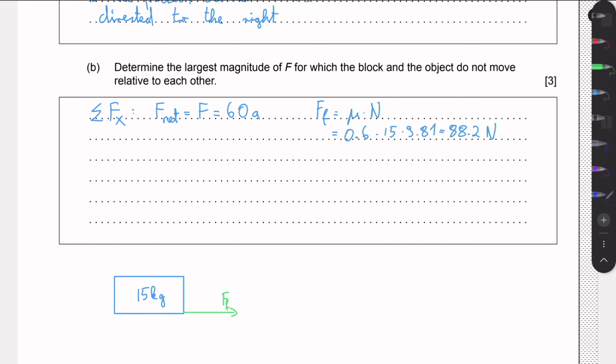We see that the only force acting in this horizontal direction is just the frictional force. So for the 15 kilogram object, the net force is going to be equal to the force of friction, that's the only force we have, but that's also equal to its mass times its acceleration, as Newton's second law states. So 15 times acceleration. And what is the acceleration?